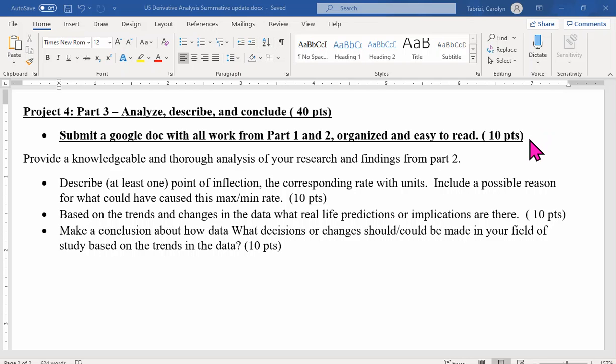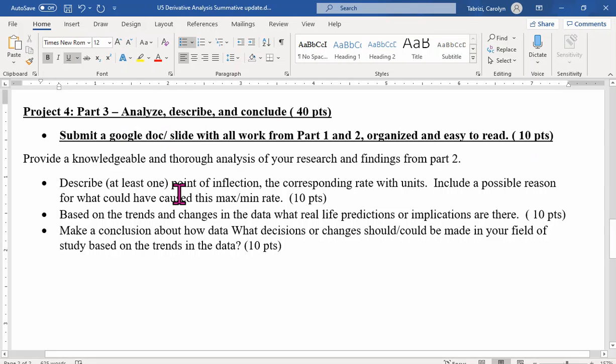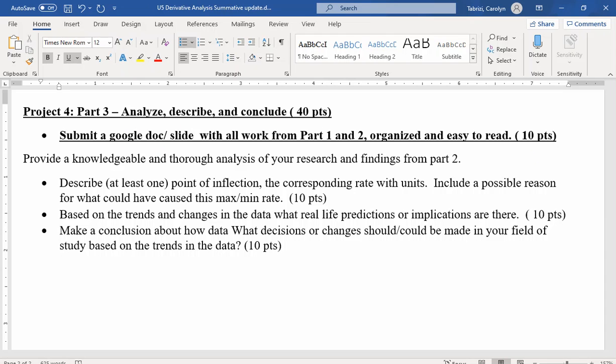You should be gathering them in one place. I don't care how you do it, I just need it in one place, organized and easy to read. Part 3 is where you're going to write words about the data that you just found.